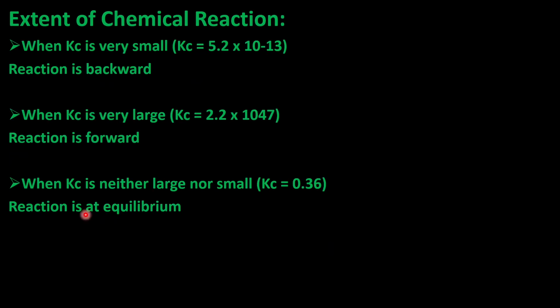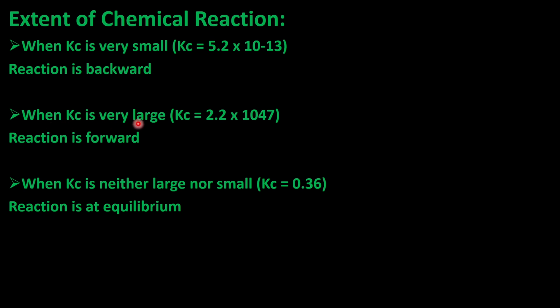And similarly, extent of chemical reaction. There are also three possibilities: when Kc is very small, when Kc is very large, and when Kc is neither large nor small. When Kc is very small, for example 5.2 into 10 raised to the power minus 13, it means that the reaction is a backward reaction.